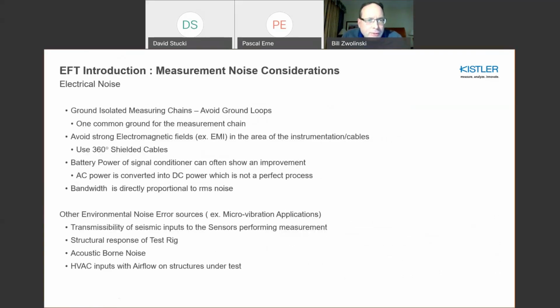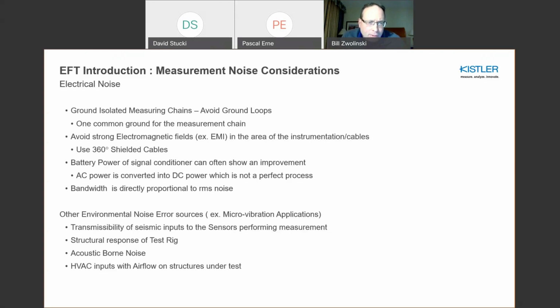So what I wanted to do then is go into a little bit on measurement noise considerations. Obviously, electrical noise. We talked about ground isolation, and this is an inherent attribute of the three-component force sensors that we talked about, as well as the dynamometers. Avoiding strong electromagnetic fields, and always good practice is using shielded cables. Anyway, from Kistler, the cables are all 360 degree shielded, providing good resistance to EMI.